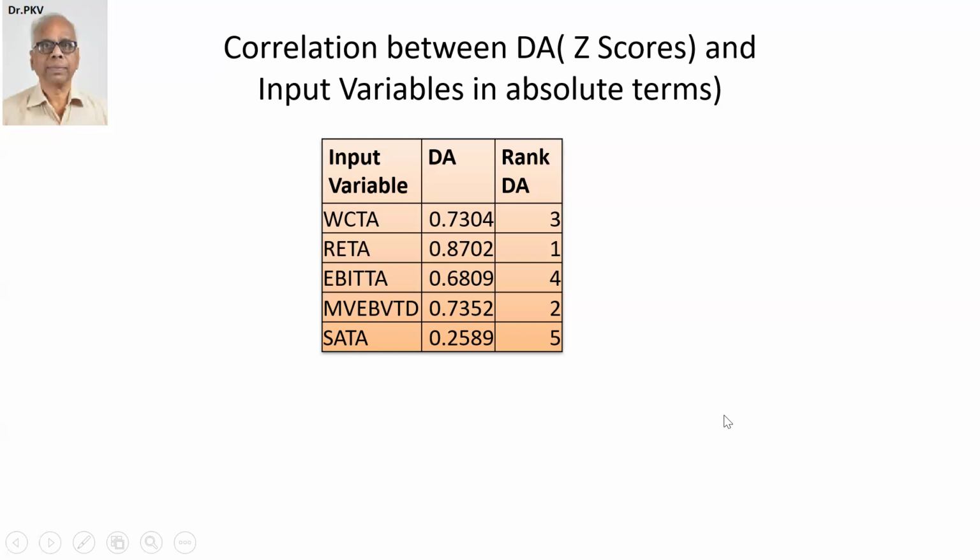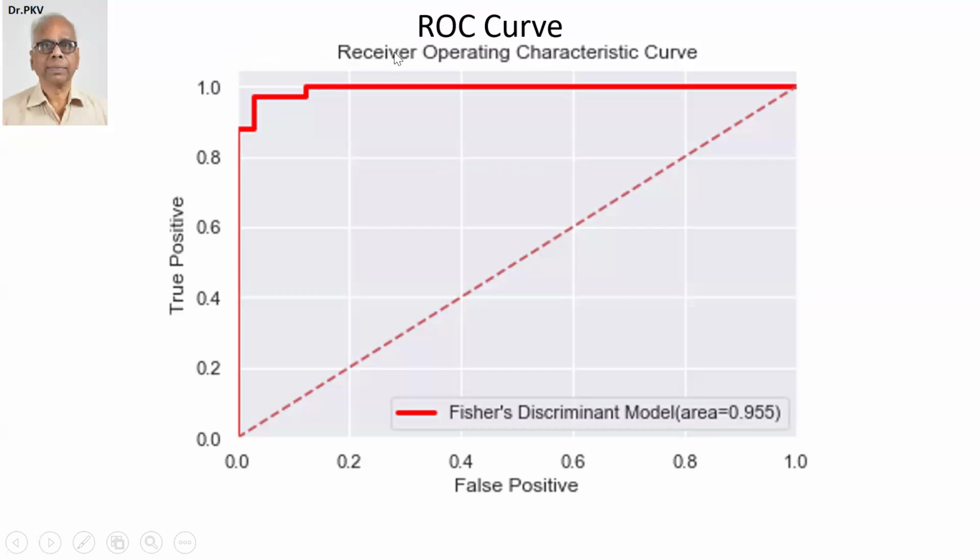Now, we also do in the analytics the receiver operating curve that measures on the vertical axis the true positive, and the horizontal axis the false positive, and the area covered is 95.55, the Fisher's model. And as you can see, it's a wonderful justification or substantiation that the model works pretty well, because this is the divider line.